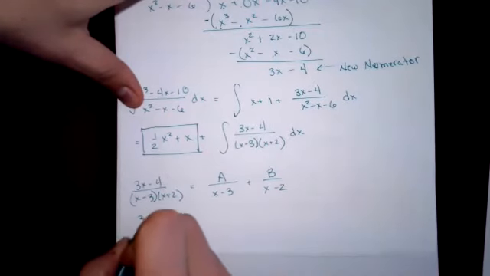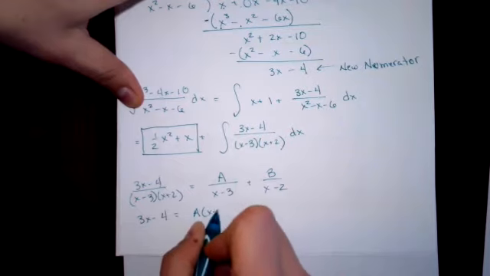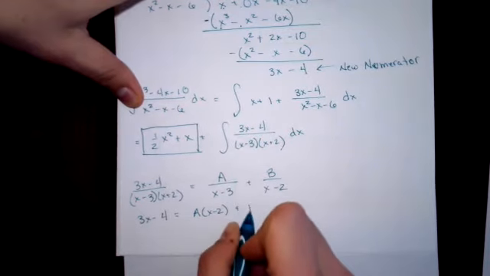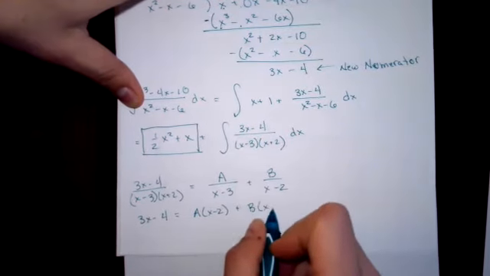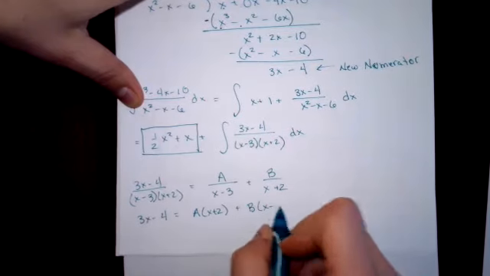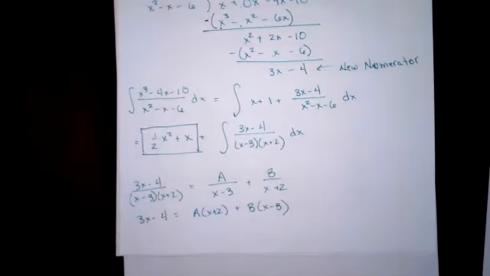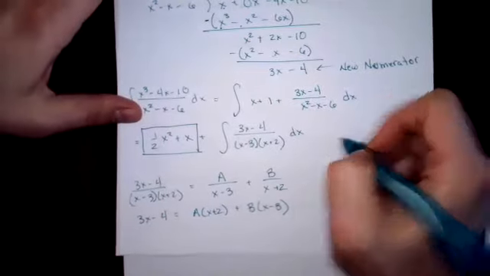So we will have 3x minus 4 equals A times (x plus 2) plus B times (x minus 3). I'm missing my minus signs again. And nicely enough, these are linear factors, so we can just check values. So let's do that over here.